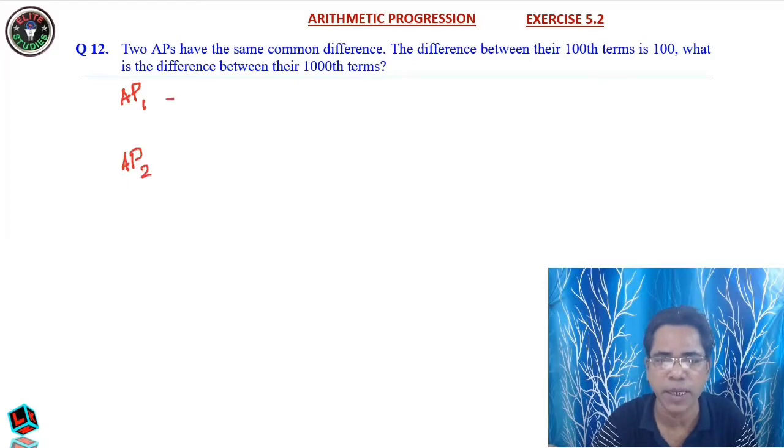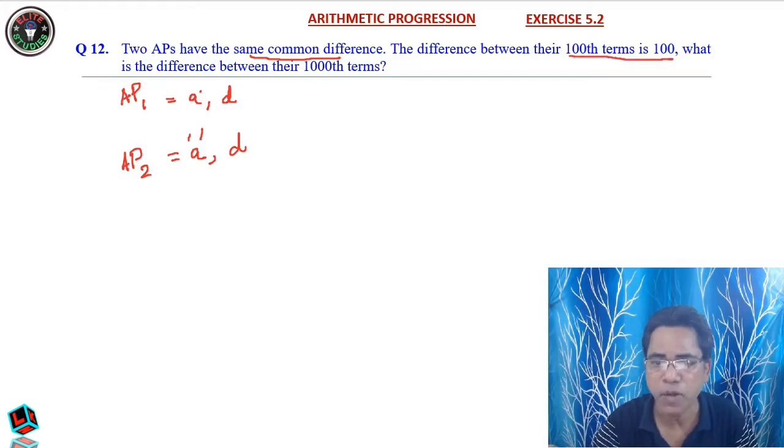So here we can take the first term as A and the common difference as D, and for the other AP the first term as A dash and the common difference as D. Why the same D? Because the common differences are the same. So there are three variables: A, A dash and D. Now the difference between their 100th terms is 100.